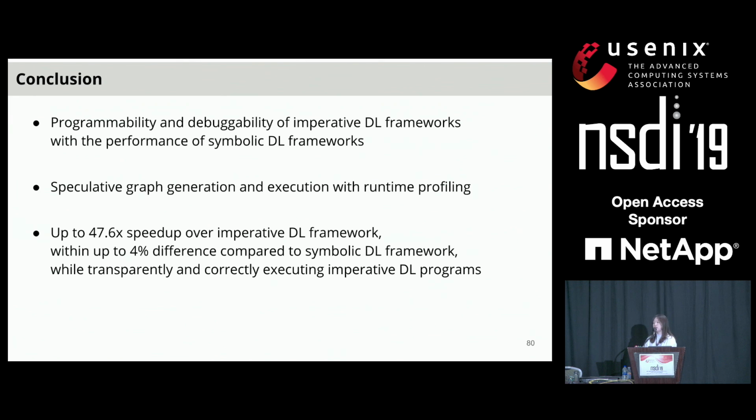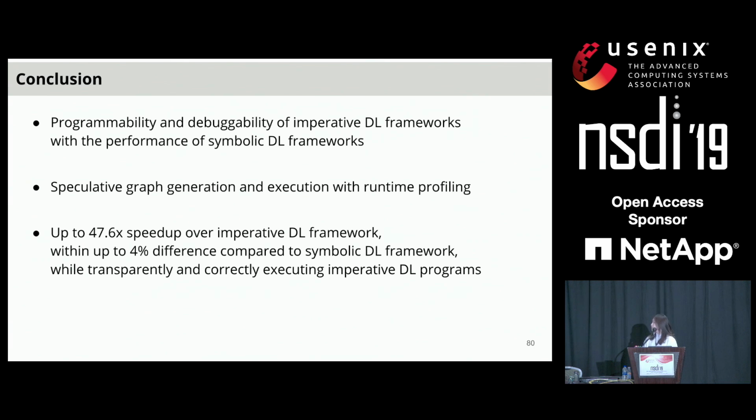And if an exception occurs while profiling, the execution falls back to the imperative executor again, so the developer can catch the exception in the imperative executor. Okay, sounds good. Thank you.